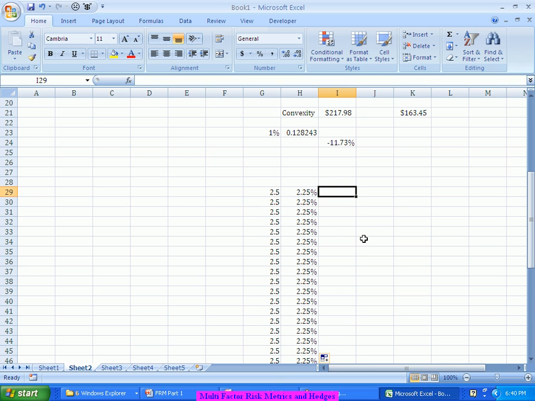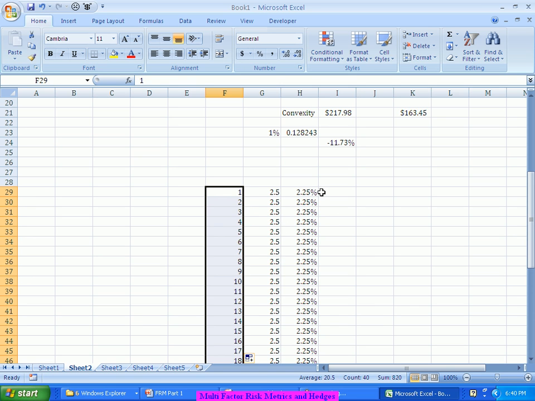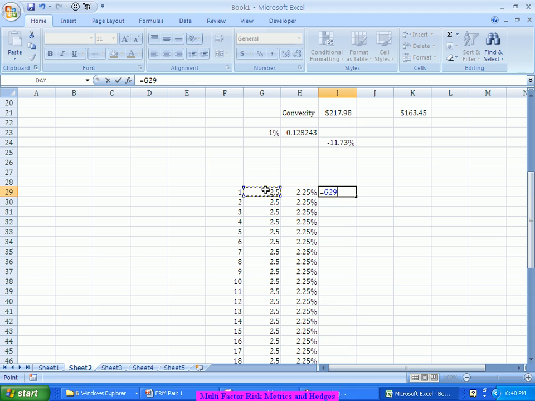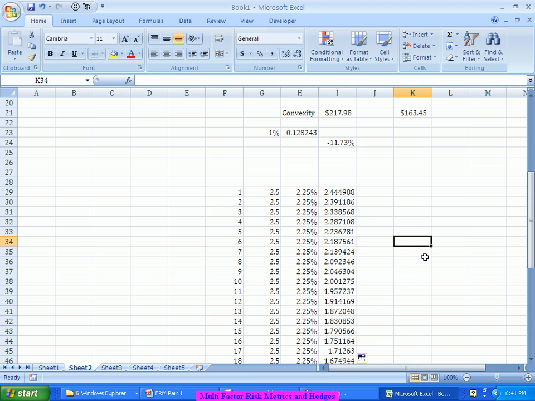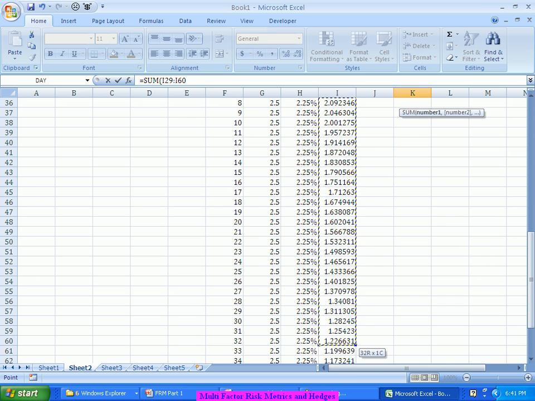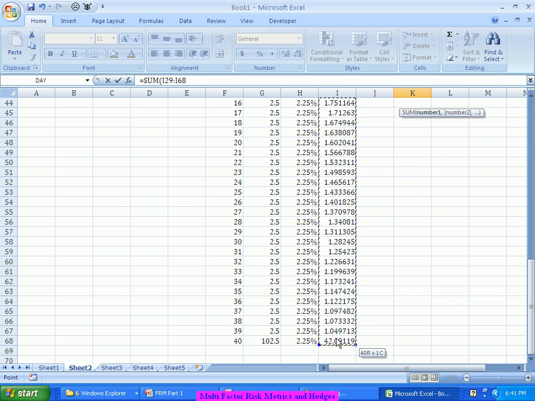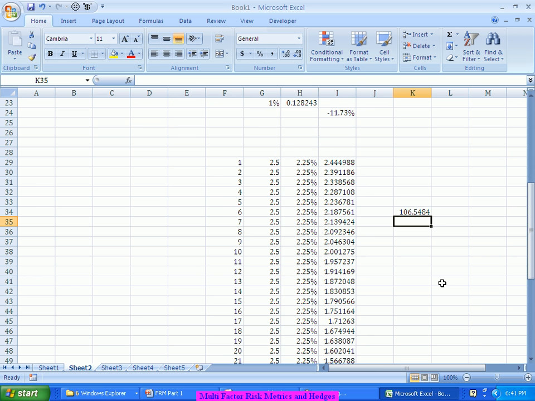Let's say this is 1, 2. The price of the bond is nothing but this divided by 1 plus this to the power this. So the total price of the bond is the sum of all these things, and the price has come out to, let's say, something like this, 106.